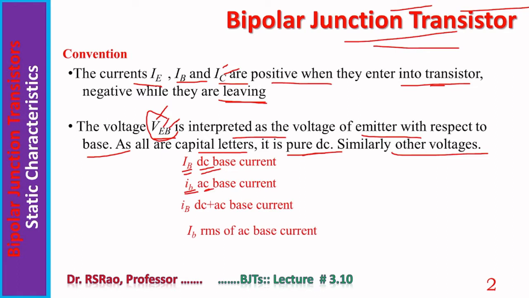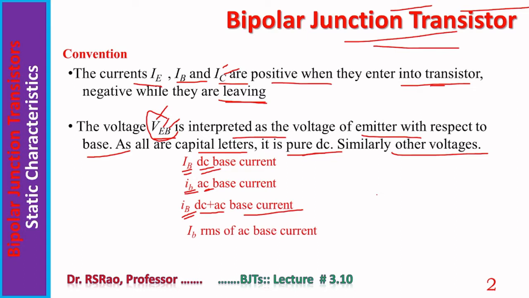Now we move further, small i, capital B. Capital B is the subscript. This current refers to DC plus AC base current. Notice that when a transistor is functioning, there exist two types of currents at any point in the circuit.